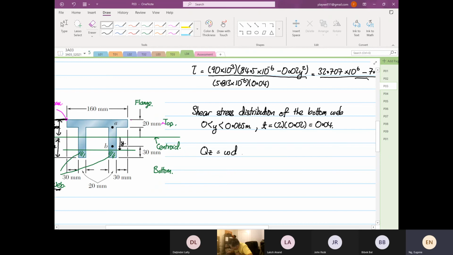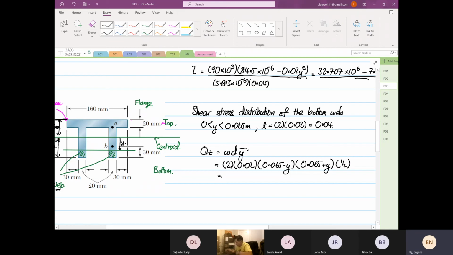So width, depth multiplied by y bar. So the area, twice, left and right, the width is 0.02, and then the depth is 0.065 minus y, multiplied by 0.065 plus y, then the whole thing multiplied by half.